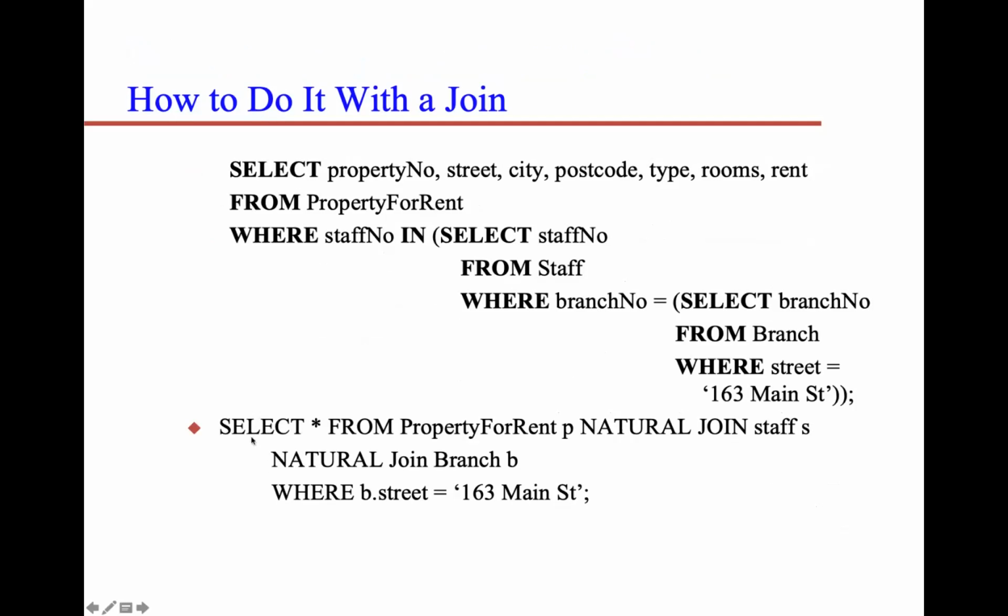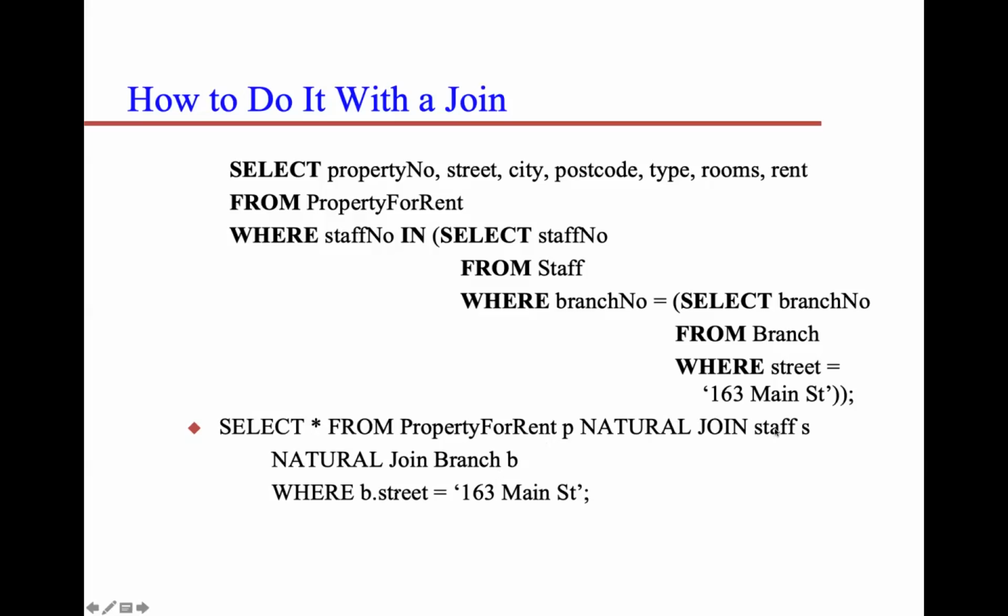And again, you can do this with a join. So here it is. This is very verbose, and this is very succinct. Select star from property for rent natural join staff natural join branch where the street is 163 Main Street. So basically you're selecting from branch the one branch that has 163 Main Street, and you're natural joining that with the staff.